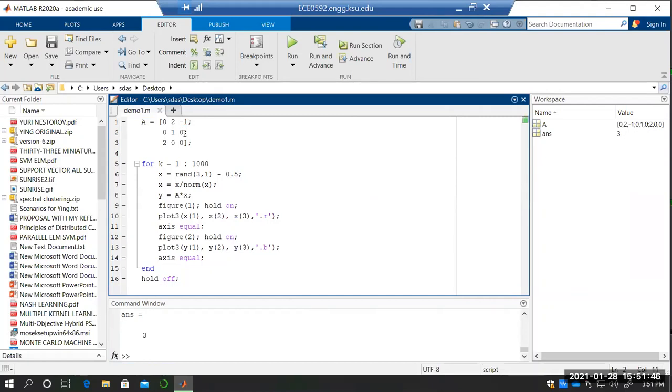Let's go for a rank 2 matrix: 2, -1, 1; this is 0, 0, 1; and this is 1, 0, 1. And the third one, let's just add up the first and second rows: 2, 0, 2. Okay, so the rank is now 2.